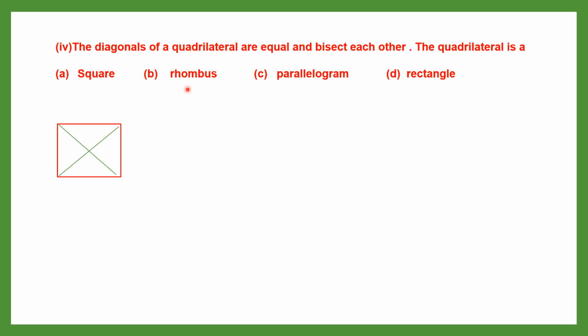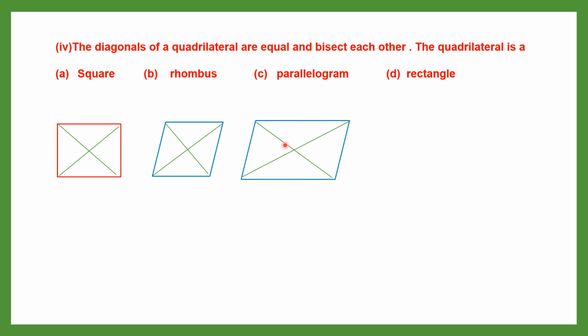Now let's take the next one, rhombus. Rhombus looks like this. It's like a tilted square. The diagonals of the rhombus are not necessarily equal, but they bisect each other. Then we have the next one, parallelogram. This is what a parallelogram looks like, and we have diagonals which are bisecting each other, and they don't have to be equal, unless the parallelogram is a rectangle.